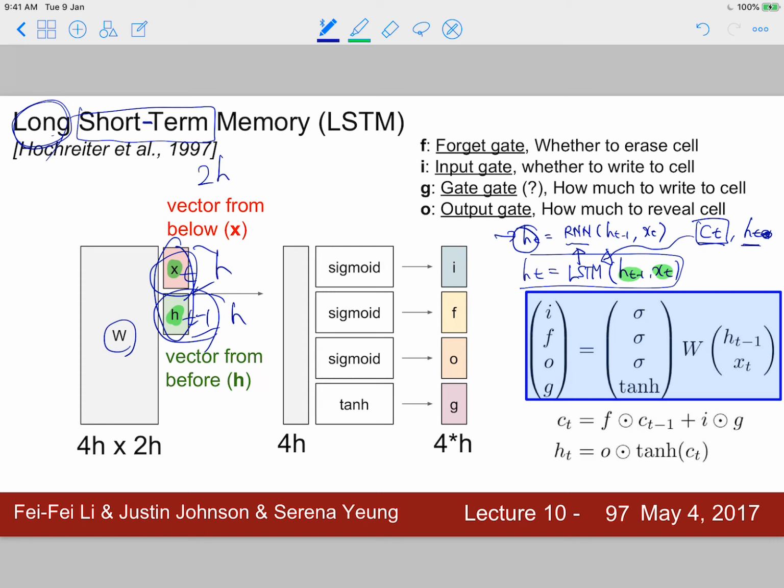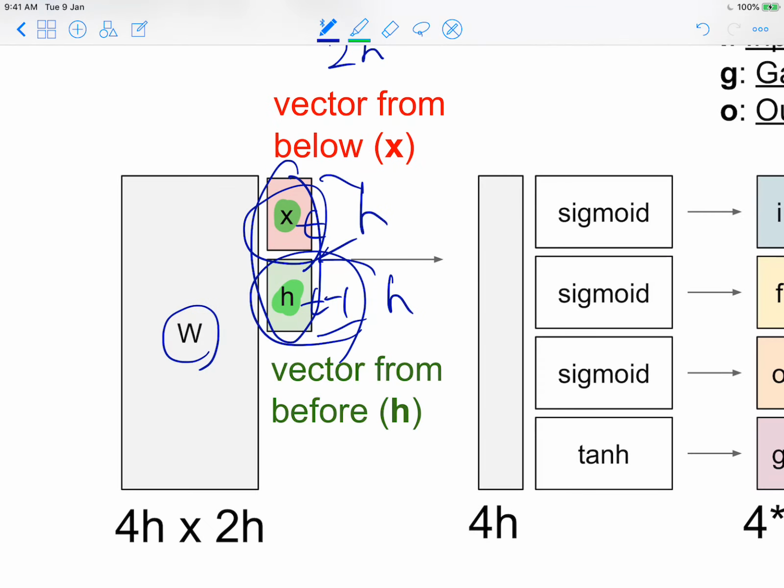But in this case, we don't directly generate h_t, but we generate four different vectors that have the same dimension as h_t.